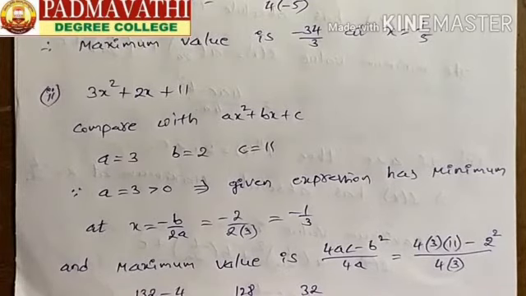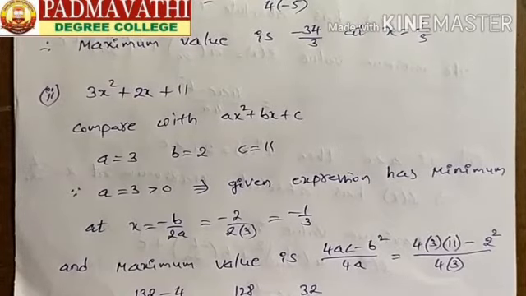Right. Since a equal to 3 is greater than 0, the coefficient of x square is greater than 0. Therefore, the given expression has a minimum value at x equal to minus b by 2a. That minus b by 2a value is minus 2 by 2 into 3, which is equal to minus 1 by 3.